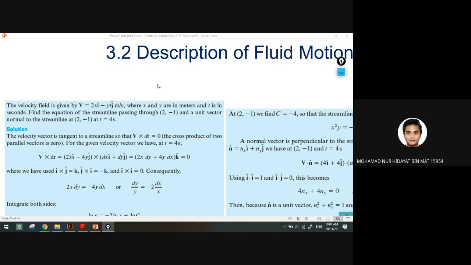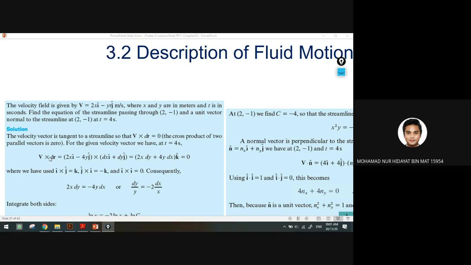When two vectors are parallel, the cross product is 0. So this is the basic definition: V cross product with dr equals 0. We are using this formula in this equation. So where is V? This is V.